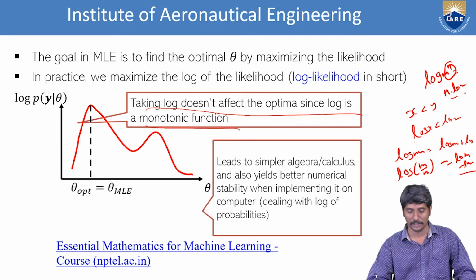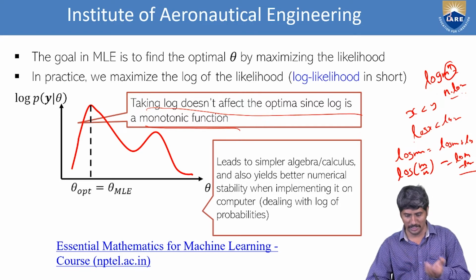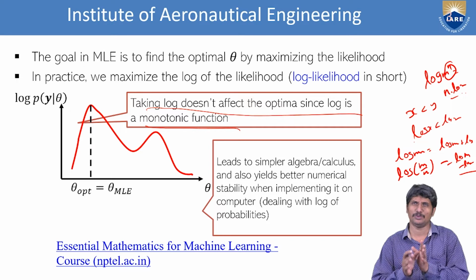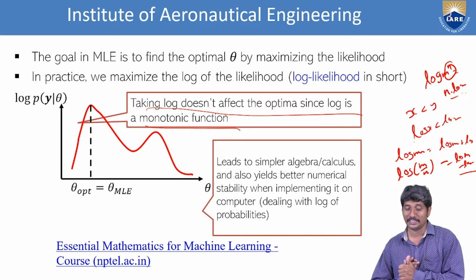That is one advantage. Also, the derivative of logarithm is very simple. So all this makes it very simple. Logarithm is always very friendly for algebraic as well as calculus operations, and also numerical stability.